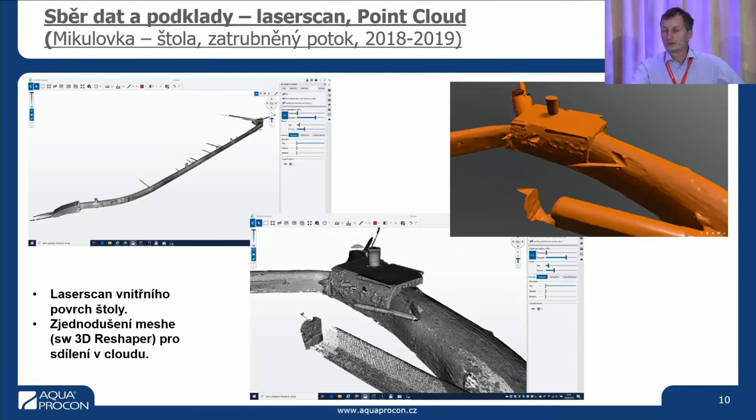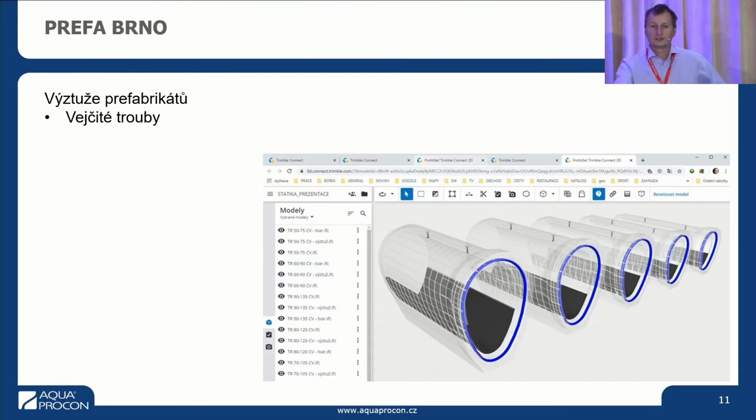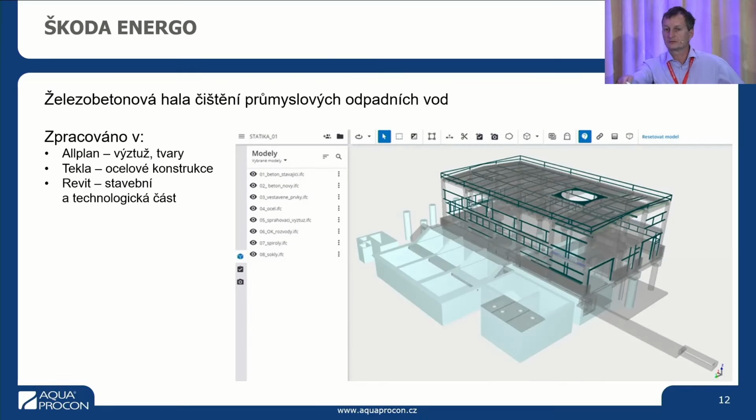This was a scanning in a shaft, and then the data was used in the CDE and used with other software. Another example, Prefa Brno, we use these prefabricated pipes. They were produced in Allplan, and then we share it remotely.